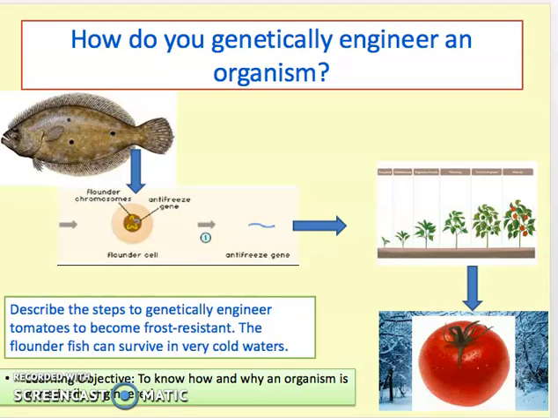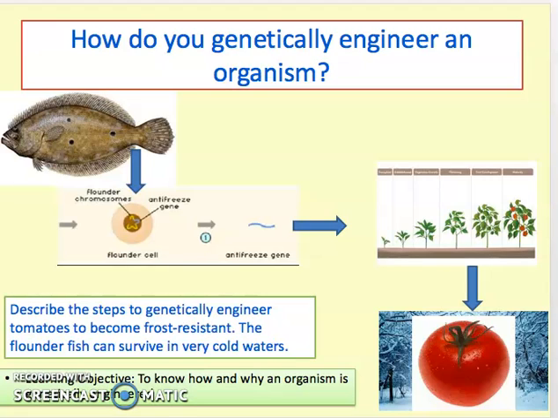So I do want you to have a little go at this yourself, but the idea is, first of all, work out which organism has to be genetically engineered, which is the tomato, and also which organism has the gene that is useful. So in this case, it is the flounder fish. So just to give you a little bit of a starting point, the flounder fish has got the gene that is needed. The tomato is the one that the farmers, the scientists, want to make frost resistant.